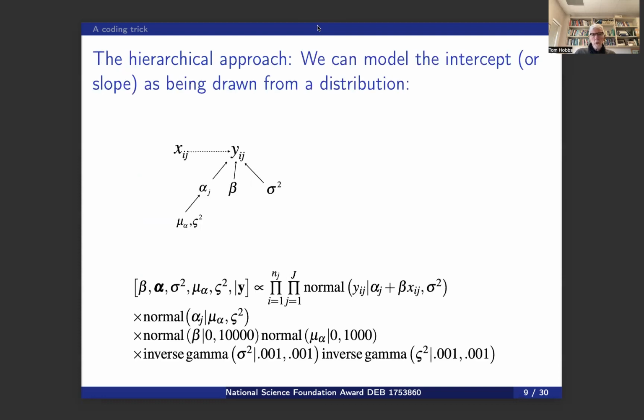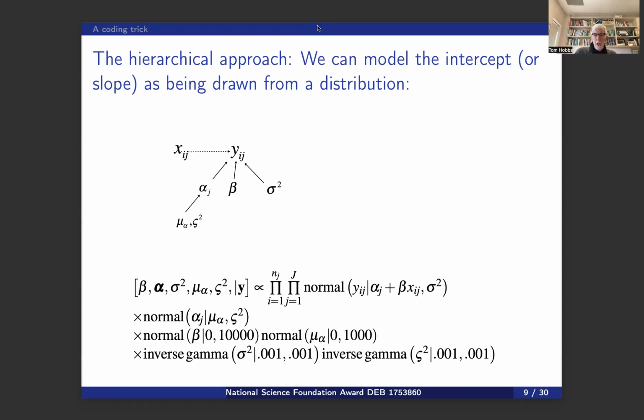So the hierarchical approach is diagrammed here, illustrating how we can model the intercept as being drawn from a distribution of studies. In the directed acyclic graph at the top here, we have the ith response in the jth study.